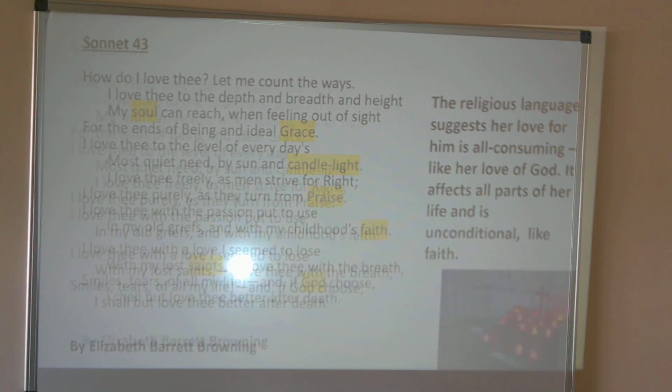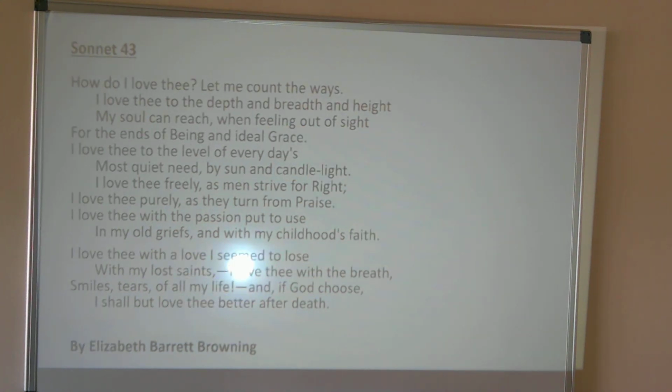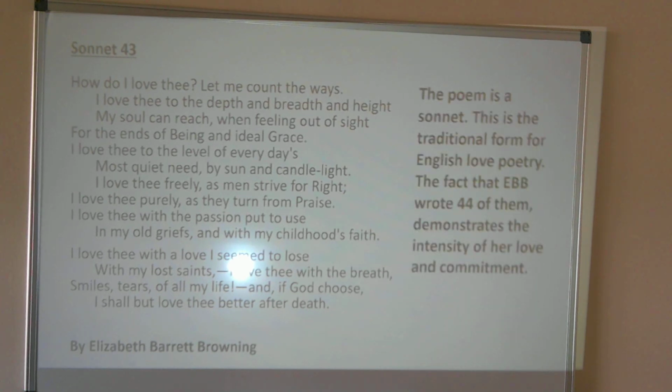Okay, we move on to structure, and as we've already mentioned, this is a sonnet. It's called Sonnet 43, and the poem is a traditional form of English love poetry. If you wanted to write a poem to tell someone that you love them, the traditional form would be a sonnet.